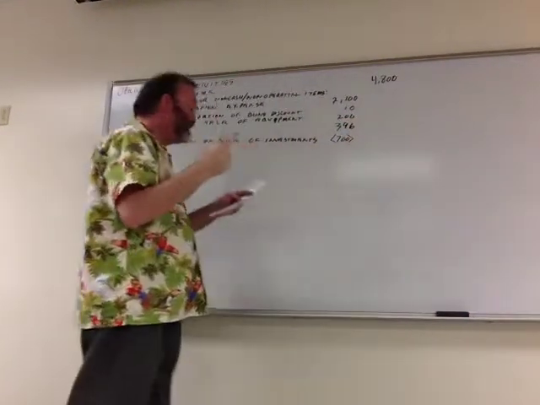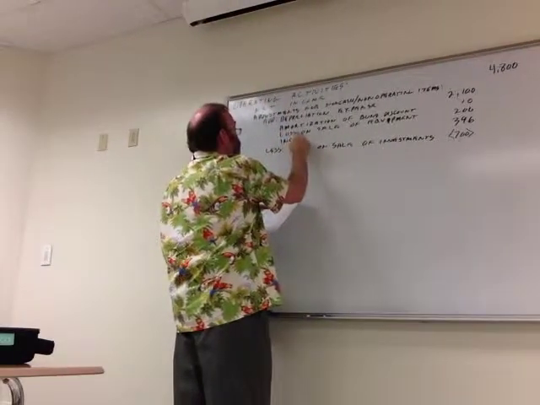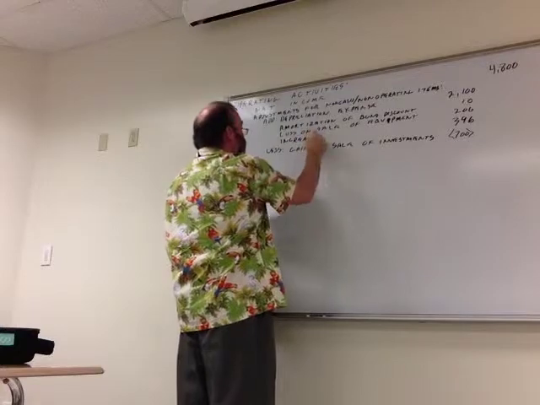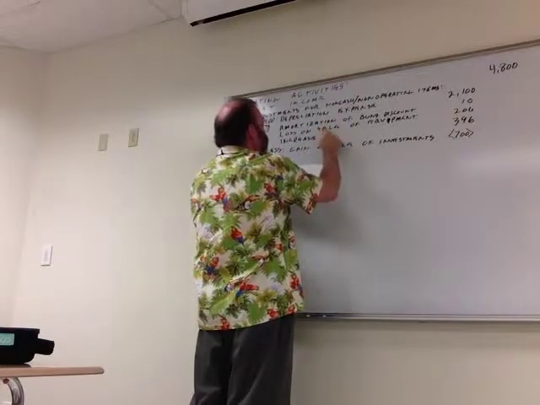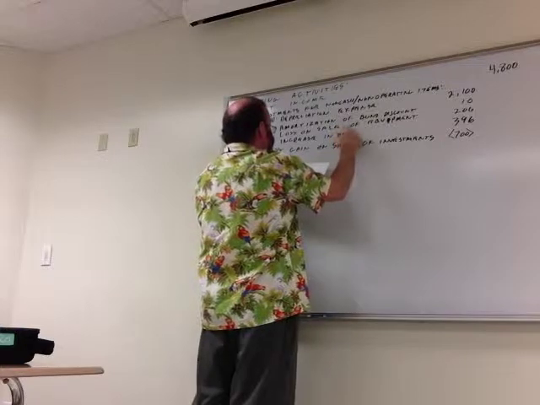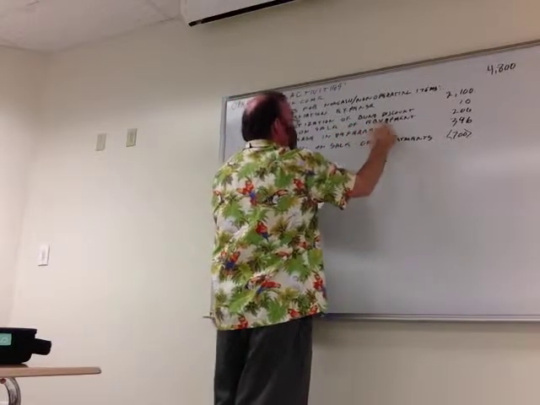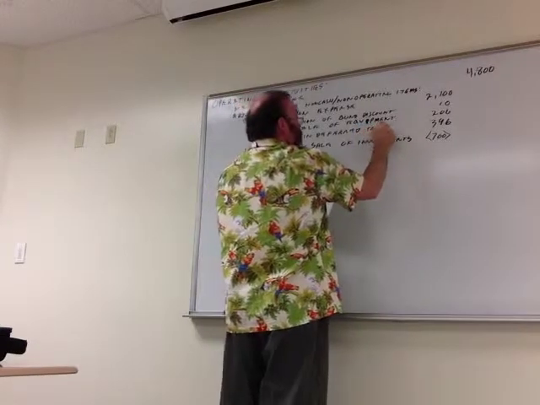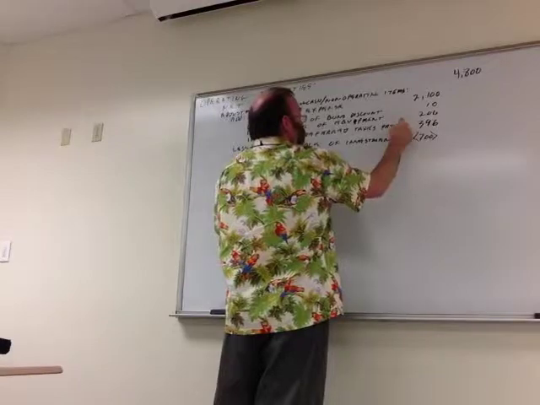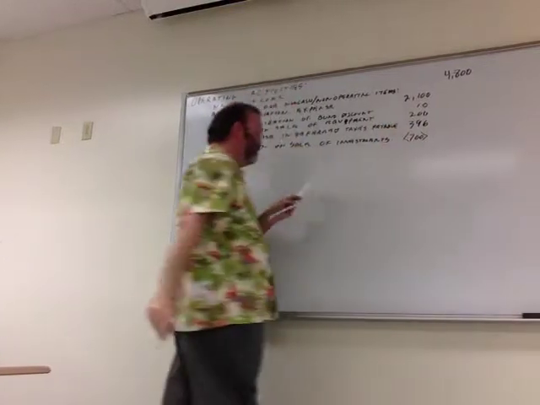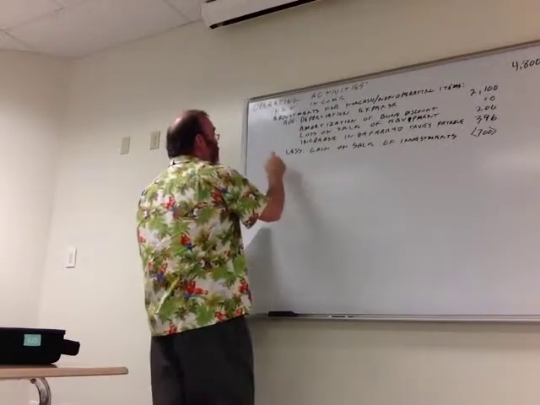So if deferred taxes payable went up, an increase, it has a direct relationship because it's a liability, increase in deferred taxes payable. That's it for the non-cash, non-operating.